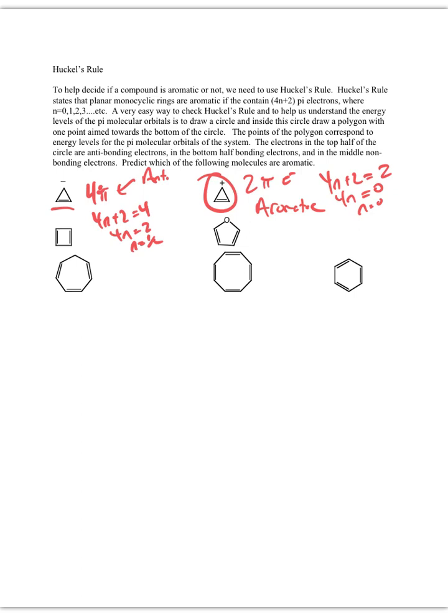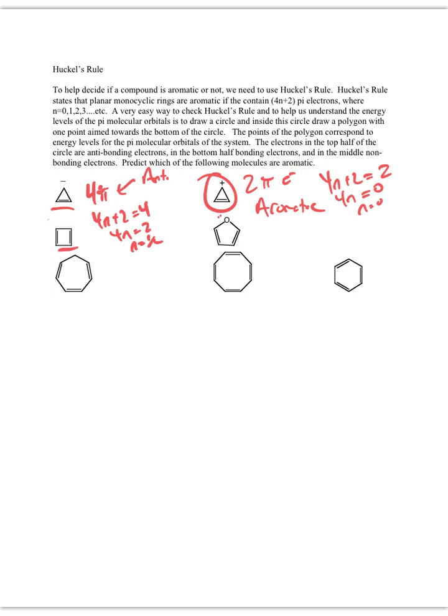The next one, we have the cyclobutadiene. It has 4 again. It is, I shouldn't have circled that, anti-aromatic also. Just to keep them separate, we'll only circle the aromatic ones.